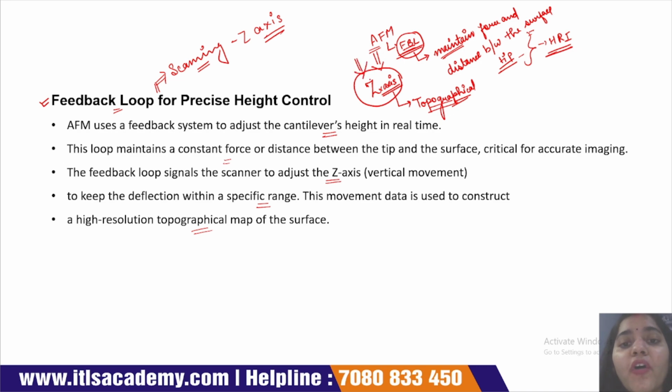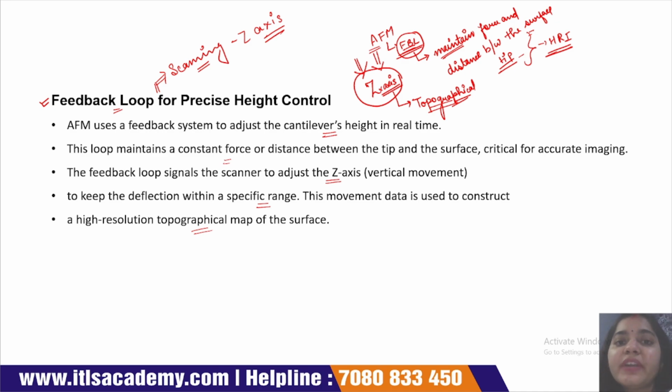For adjusting the movement of the cantilever, this feedback loop plays a most important role. The first work of this feedback loop is to adjust the force and distance between the surface and the tip of the cantilever.